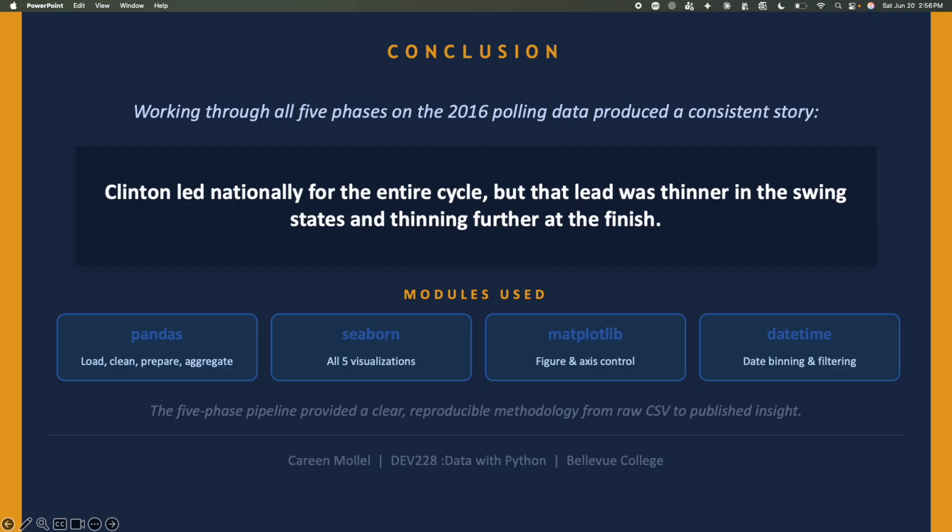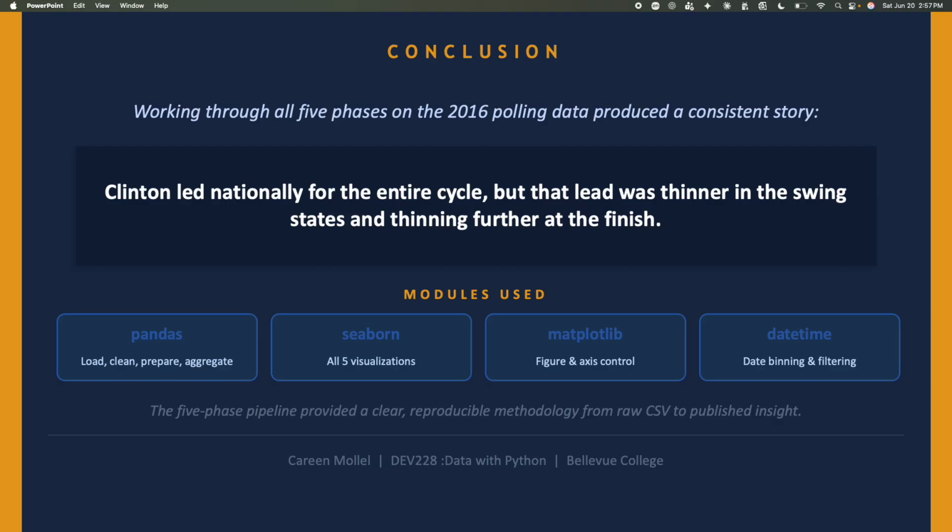To wrap up, this project walked through the entire five phases of a data pipeline on a real-world political data set, from a messy 12,000 row CSV to a clean five-chart story.